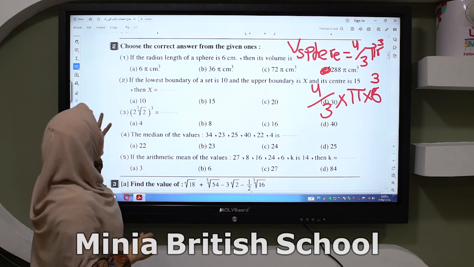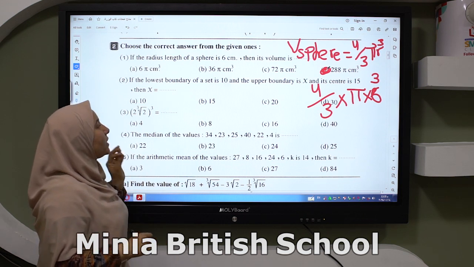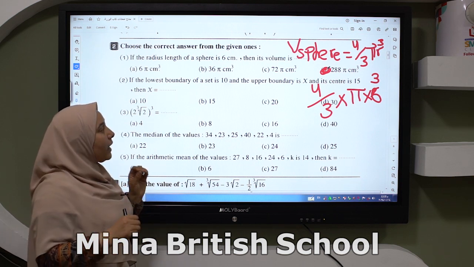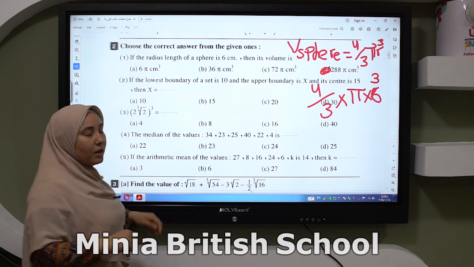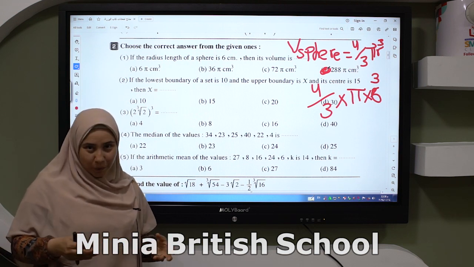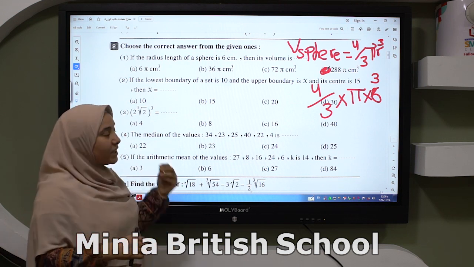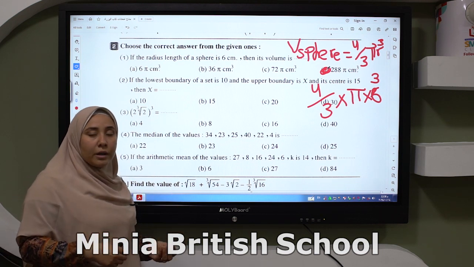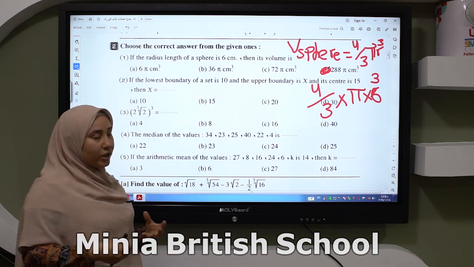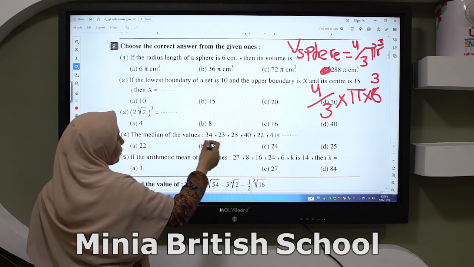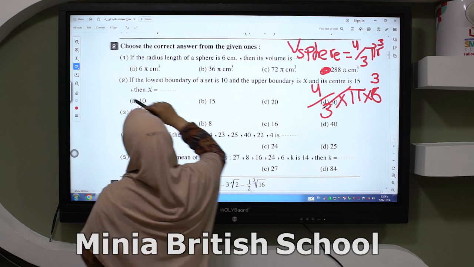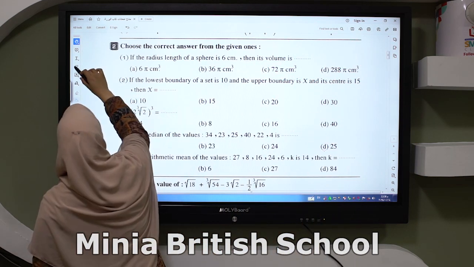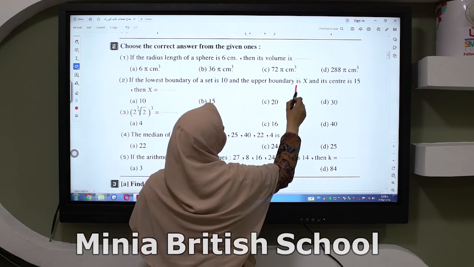And the second one, if the lowest boundary of a set is 10 and the upper boundary is x and its center is 15, then x equals what? We know to find the center for any set, only find the lower limit plus the upper limit divided by 2. The center here equals 15.